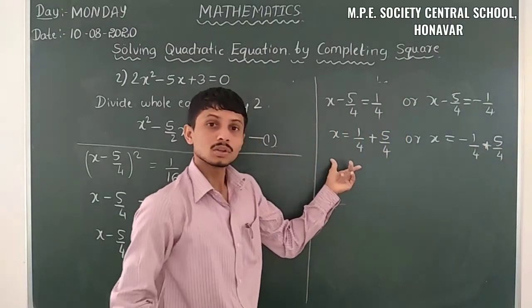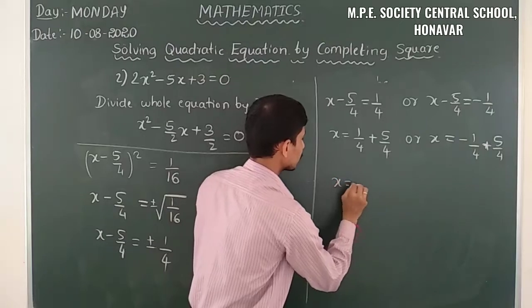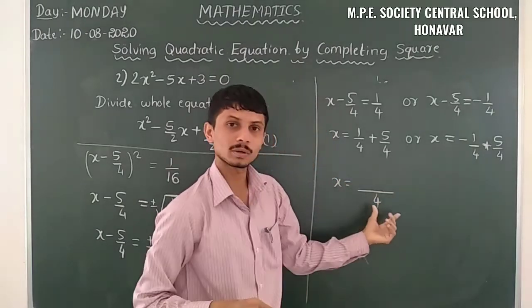Then here we have to take the LCM of the denominators. What is the LCM of the denominators? Both are 4, so we write 4 only.